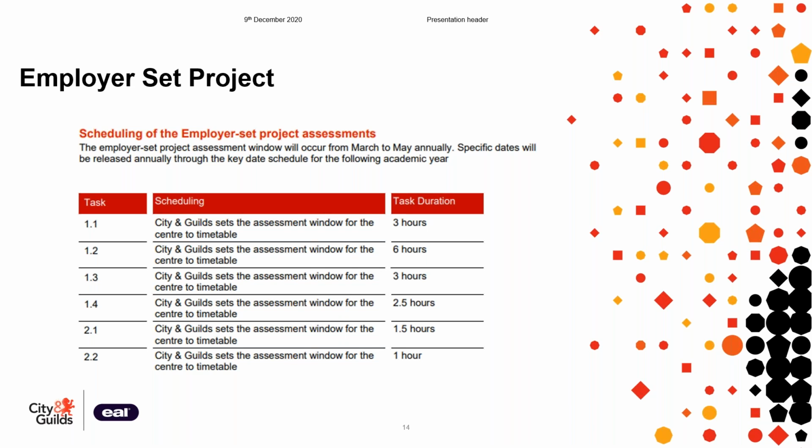But we can see here, for instance, task 1.1, it's set within a window and it's going to be 3 hours long. And 2.2 there, again, it's set within an assessment window according to timetable, and it's an hour long. So here really just provides the overview of the task, the scheduling, and the duration of the task.